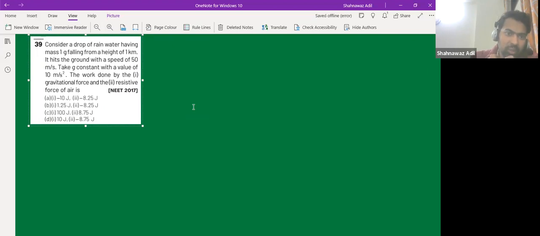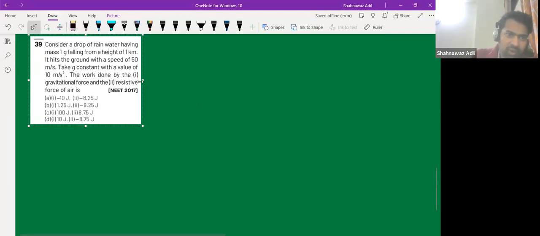The work done by the gravitational force would be how much? That would be the potential energy, right? So we have to find out the work done by the gravitational force.